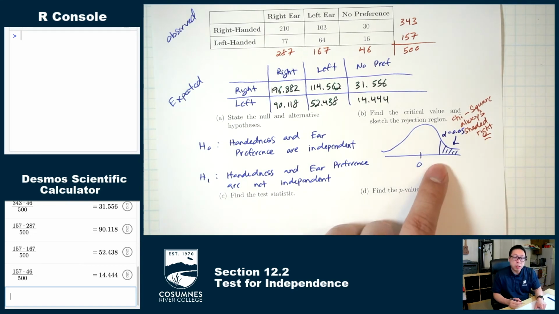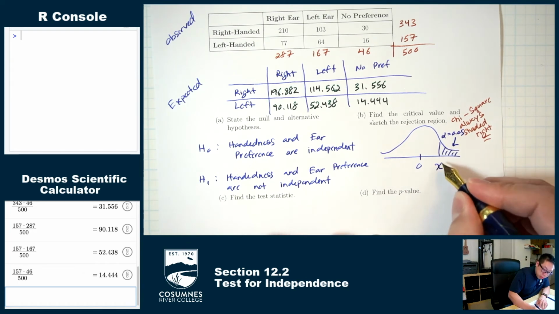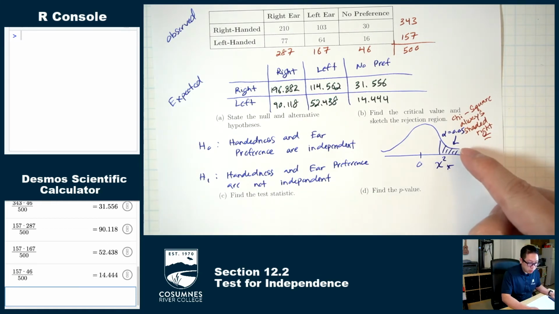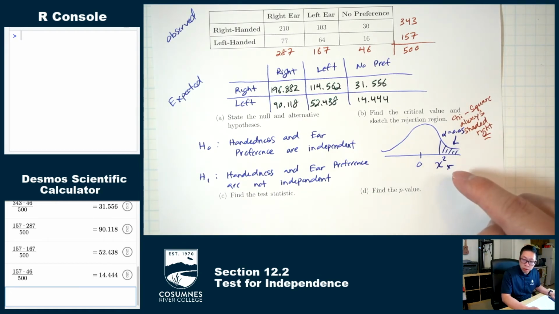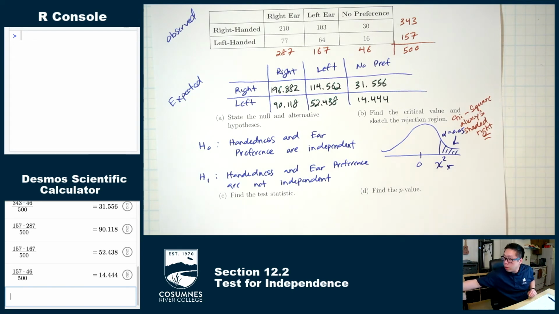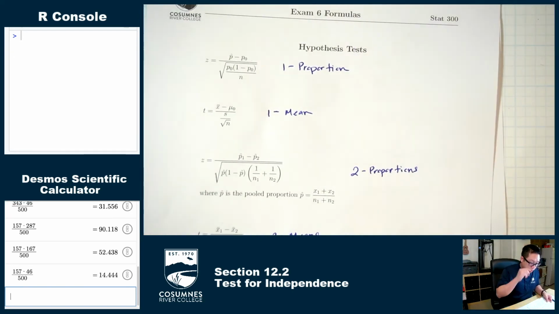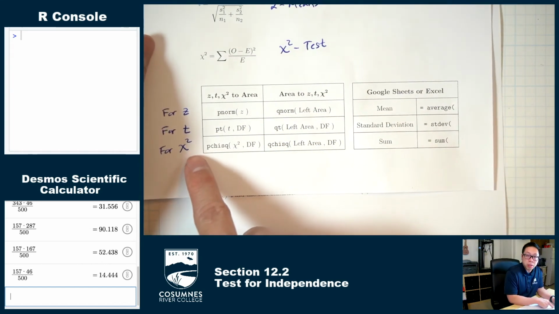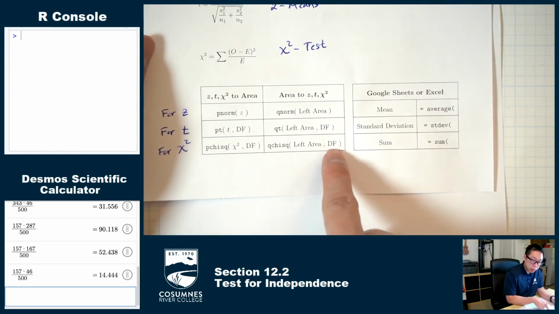And your job is to find, this is a chi-square test, so you're actually finding chi-square star. And this is really an area to chi-square question. Area to chi-square, this is the same formula sheet that we've been using. Area to chi-square for the chi-square situation is going to be Q chi-square left area df.